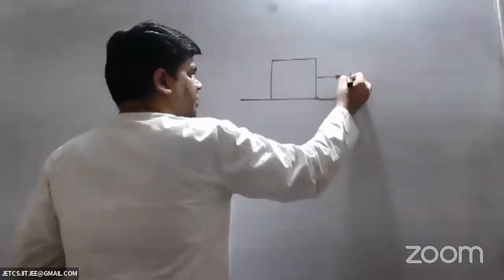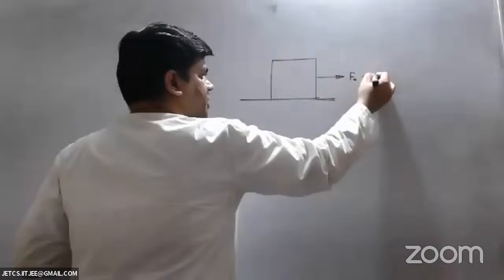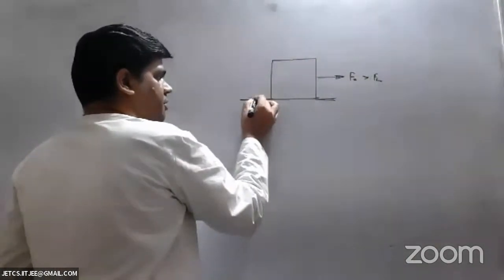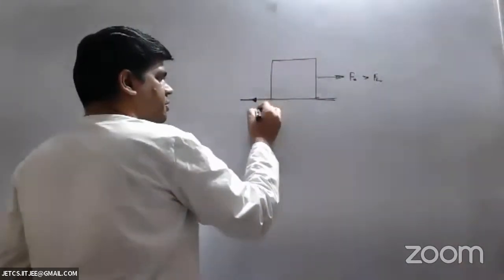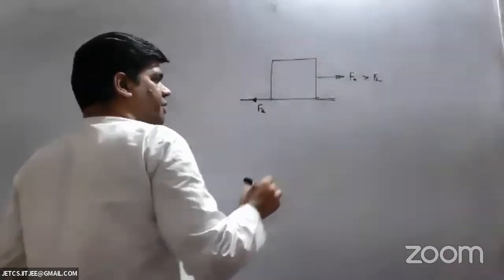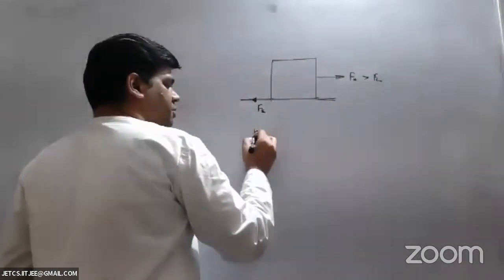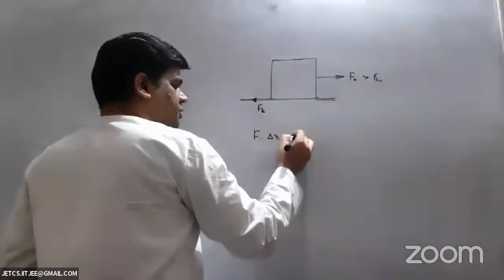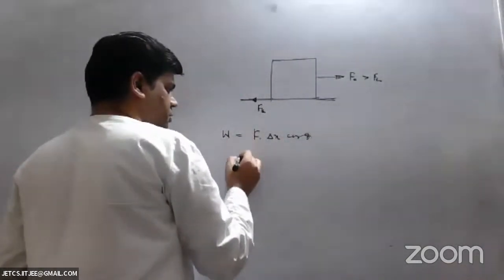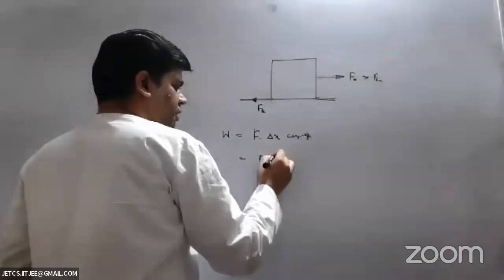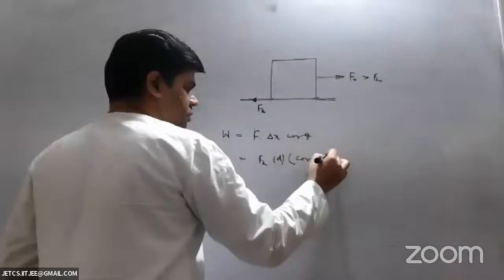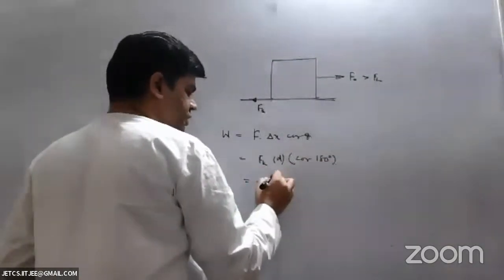If this is pulled with a force F naught greater than limiting friction, F naught beats friction. Friction is Fk. So work done by friction on the block is F delta x cos theta, Fk d cos 180, which is equal to minus FkD.